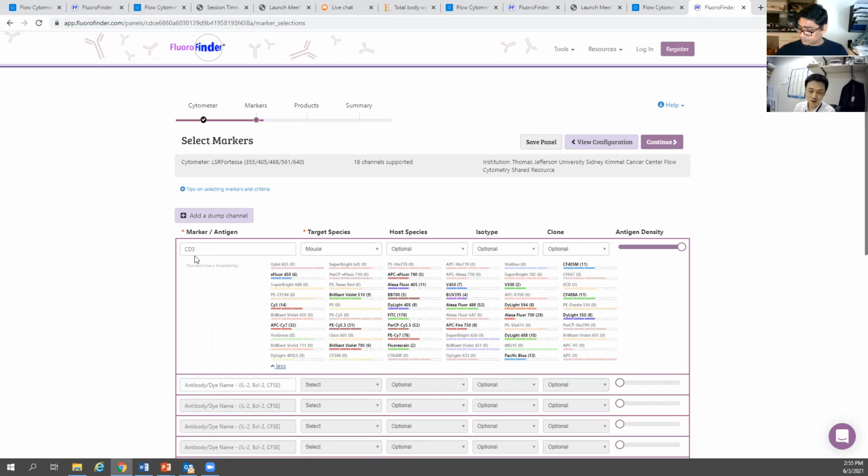If you really don't know the marker, you just leave it like this, which means all options are available for you, so you can pick the antibody in the next step.